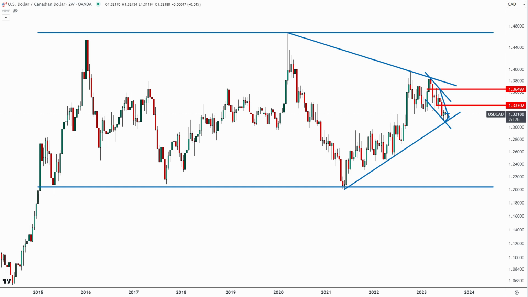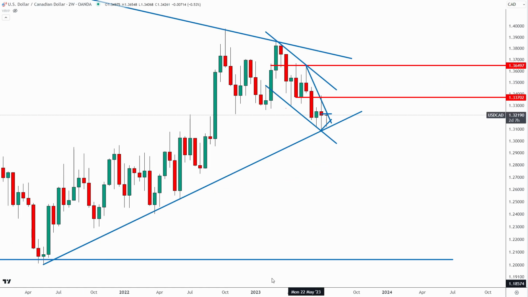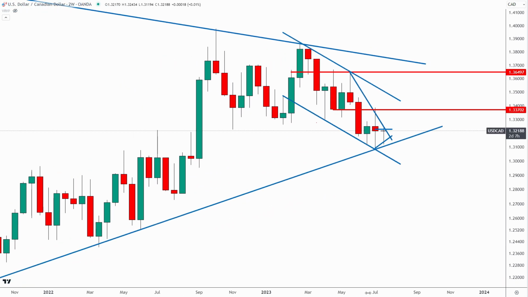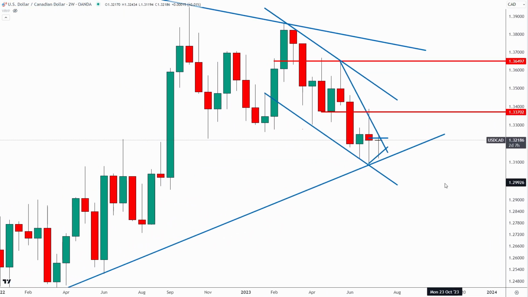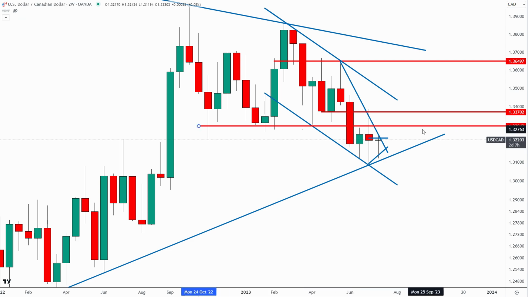Now, looking here at the 2-week time frame, before we drop down to any other time frames, this is going to be critically important for the dollar CAD in any long situation. Any buy situation that you're looking at here, the market is going to have to clear these lows from back here right around 1.33.